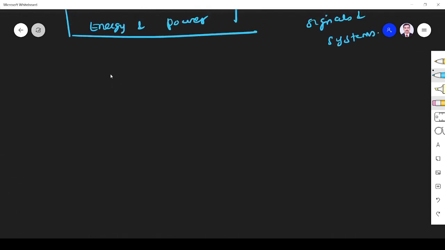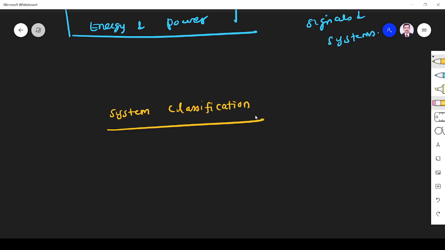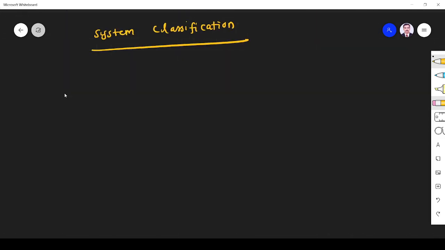Next we go to systems, right? In systems we can expect so many questions from TRB. So, system classification. In systems we have: first, static and dynamic systems. Second, causal and non-causal.